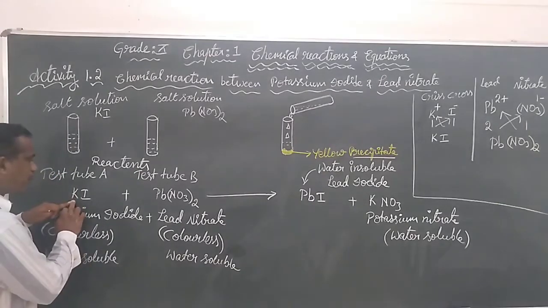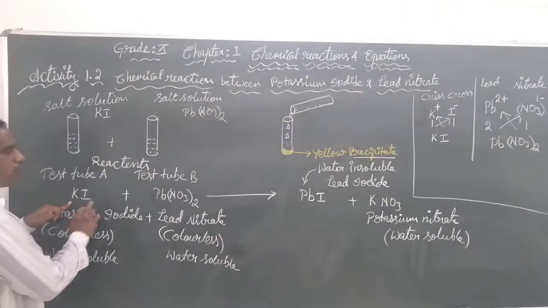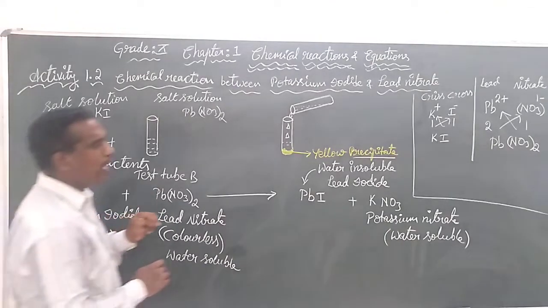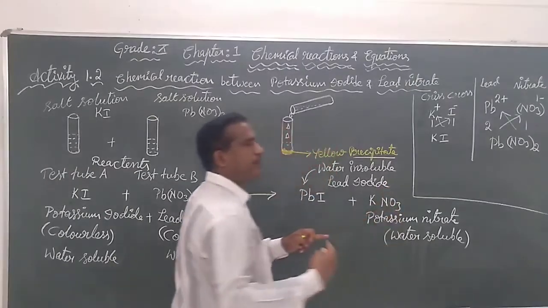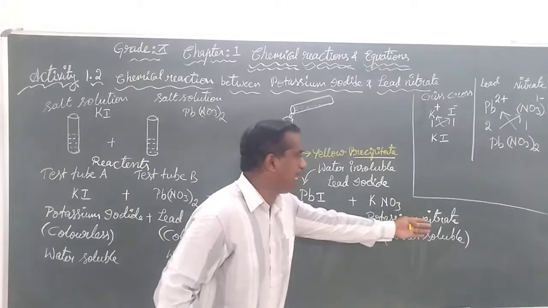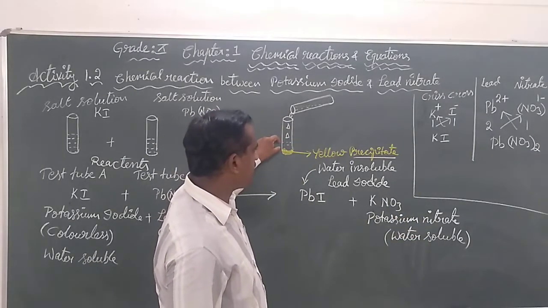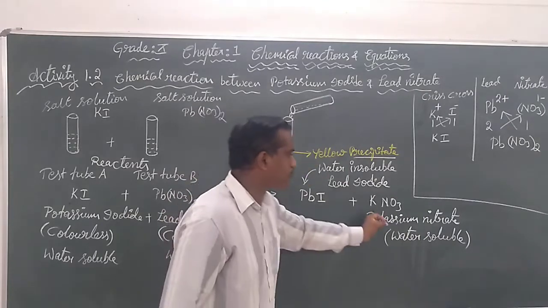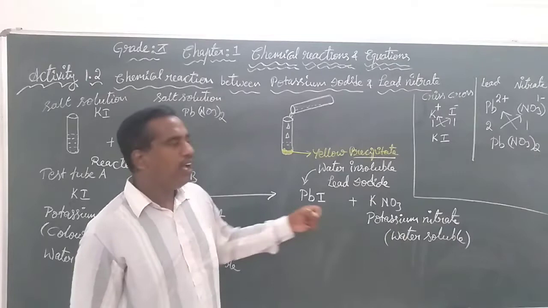Potassium is going to get nitrate in place of iodine. So potassium now has nitrate in the place of iodine, and it forms potassium nitrate. It forms at the top. This colorless solution is the potassium nitrate because it is completely water soluble.